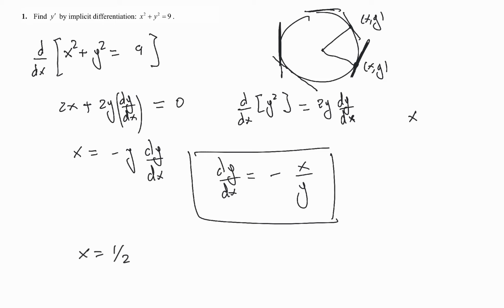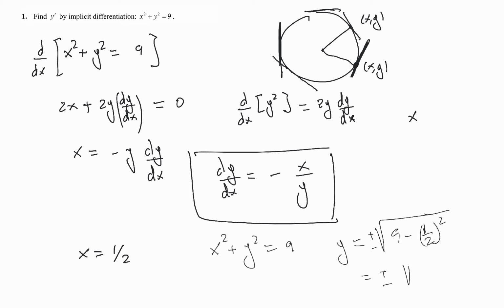Because x squared plus y squared equals 9, the y on the circle is plus or minus the square root of 9 minus 1/2 squared, or plus or minus the square root of 9 minus 1/4.